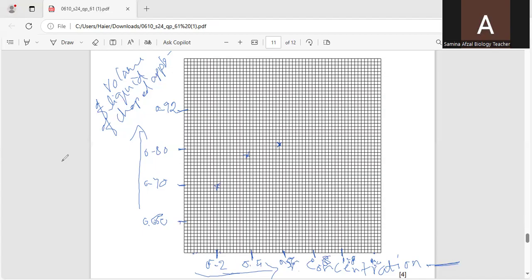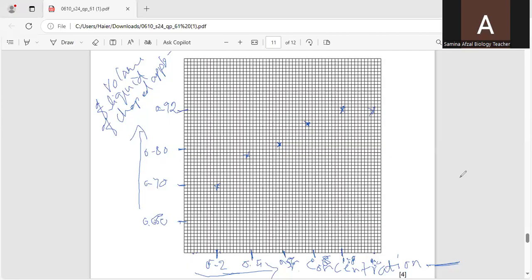At 0.6 it is 0.85, which will be here, and at 0.8 it is 0.92, and at 1.0 it is also 0.92. They have the same value.